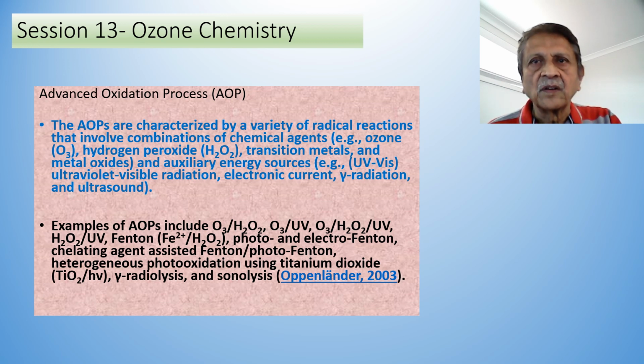Examples of AOP include ozone hydrogen peroxide combination, ozone UV combination, ozone hydrogen peroxide UV combination, hydrogen peroxide UV combination, the Fenton reactions and hydrogen peroxide, photo and electro-Fenton, chelating agents assisted Fenton and photo-Fenton, and heterogeneous photo-oxidation using titanium dioxide. It may be a bit complicated or difficult for those who don't know much about chemistry, but if you are interested, the internet is always available for you to go further into it.